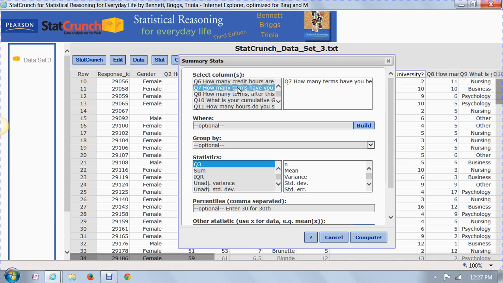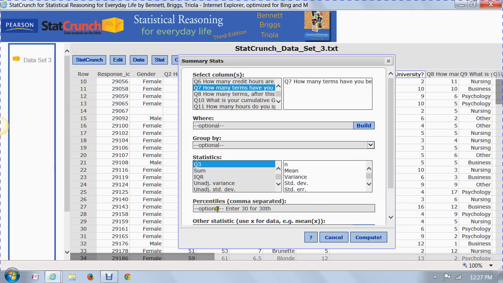So you have to indicate what column you're interested in. And down here it'll tell you the statistics that the output will show you. We're going to go over these in seminar, the mean, the variance, and what they indicate.